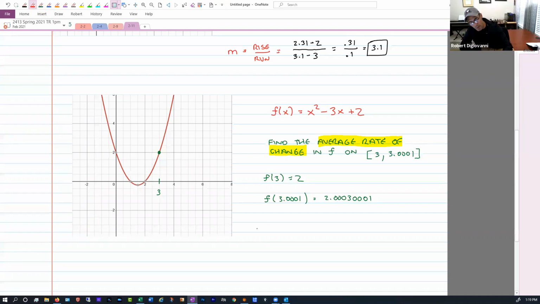Okay, so the slope should be the rise over run. So what I'll do is take the y coordinate. I didn't write these down as points, but I'll do that just to have it here. 3.0001, and when we plugged it in, we got 2.00030001.